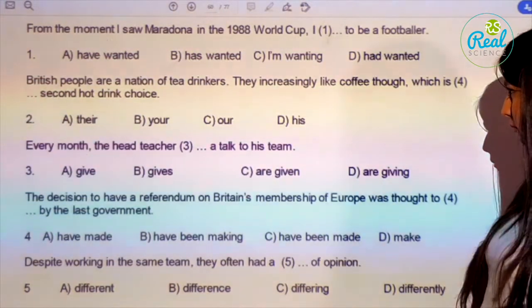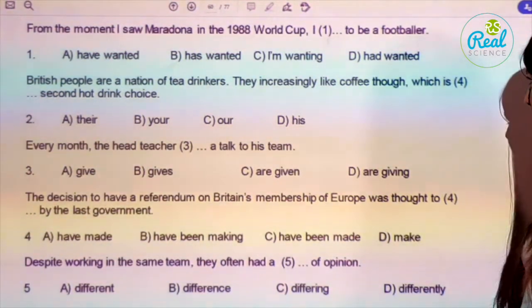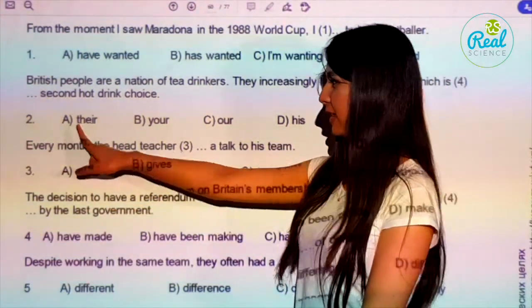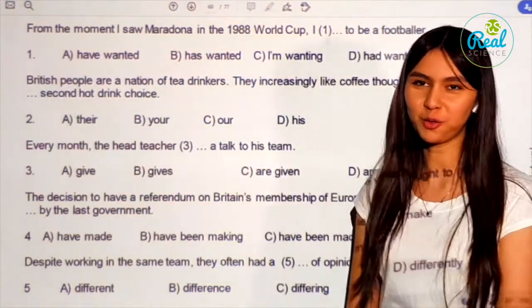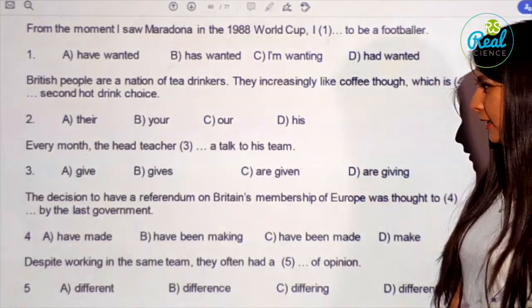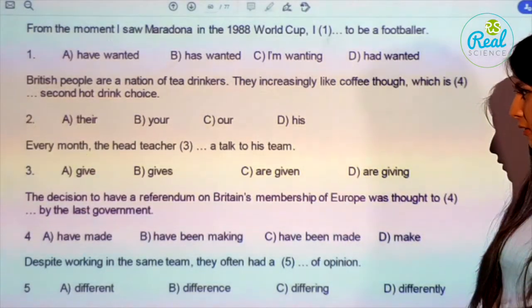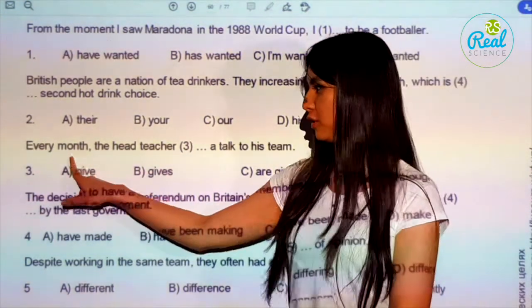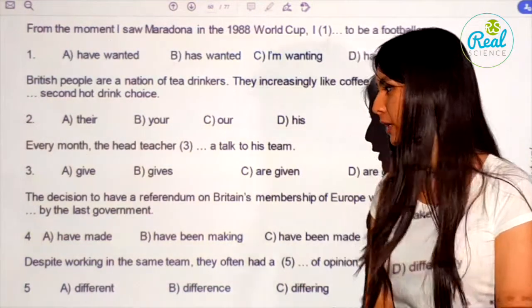They increasingly like coffee too, which is their second hot drink choice. Good job. So next one, third one. Who wants to read? Yes, Indira. Every month, the head teacher gives a talk to his team. Good job. B1, because here we have the keyword of present simple.